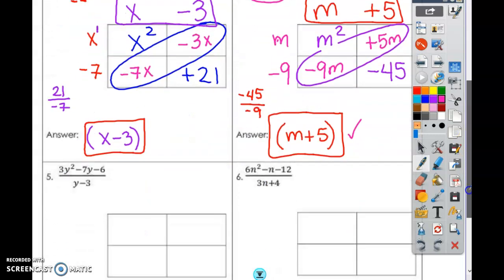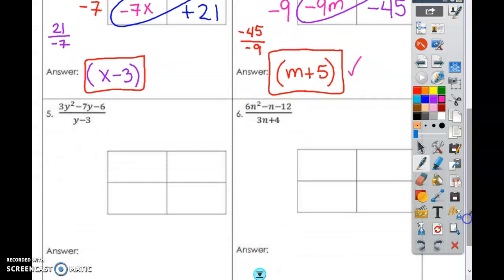Pause the video. I want you to try problem 5 and problem 6. Pause the video now. Okay, you should have paused the video. Let's just set it up. Y minus 3 goes on the outside. And then 3y squared goes in the first box. And minus 6 goes in the last box.